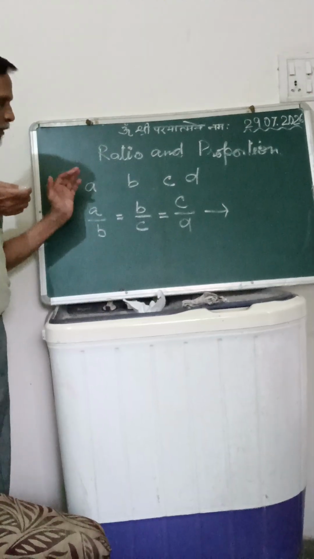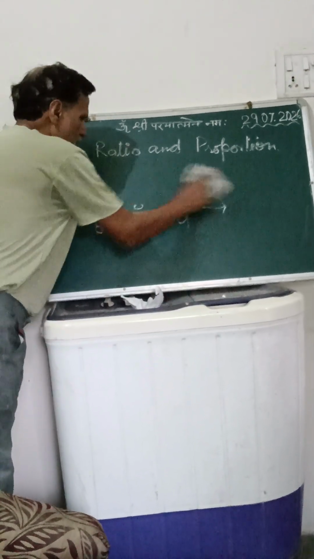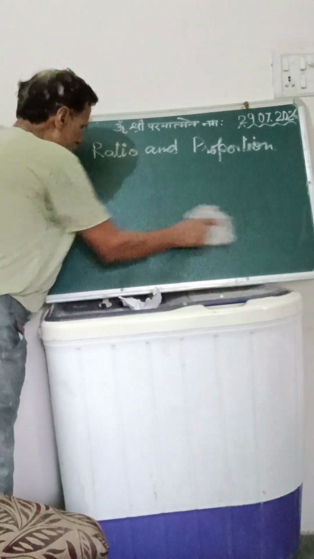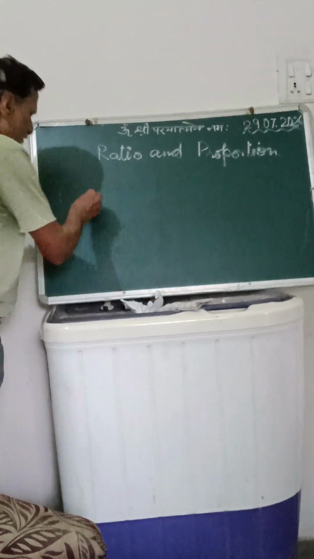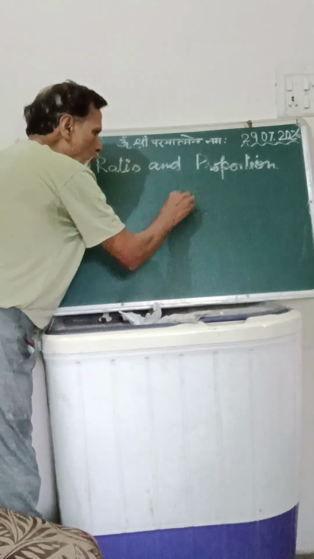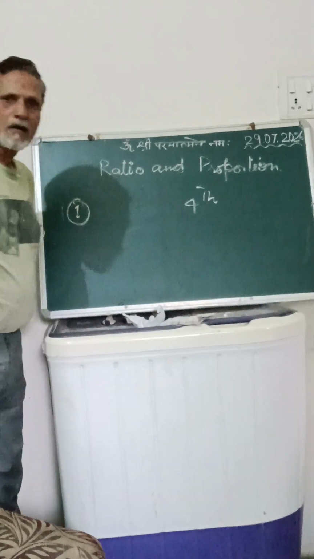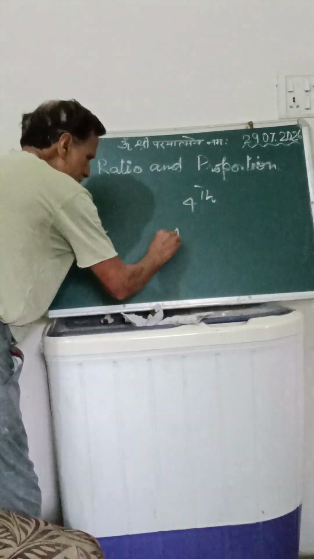Okay? Second one, what do we mean by mean proportion? Mind it, in mean proportion only two numbers are given. What are those? The first at the first place and the second at the fourth place. For example, 8 and 50.